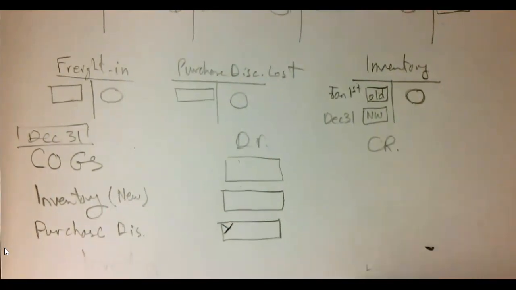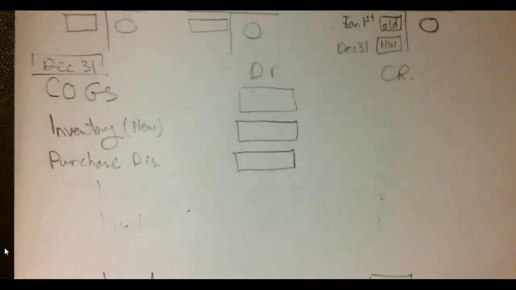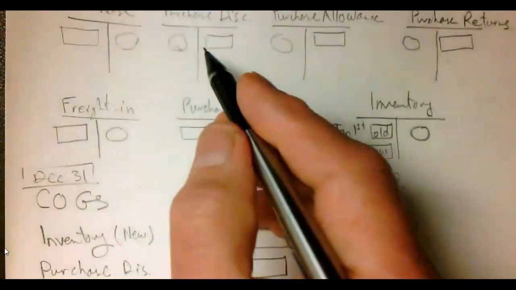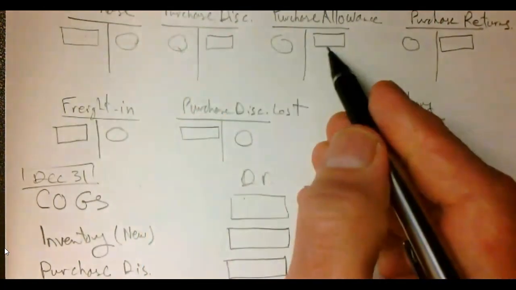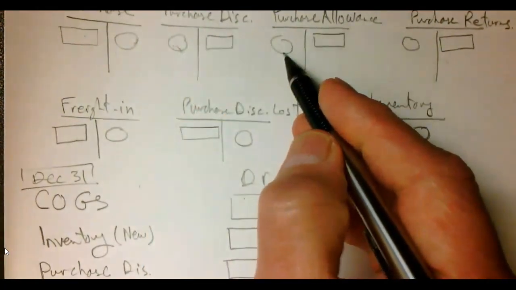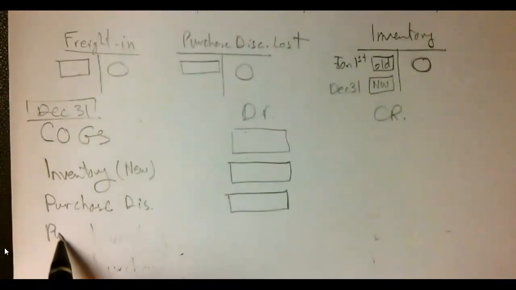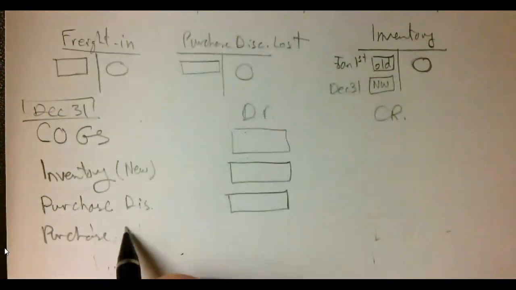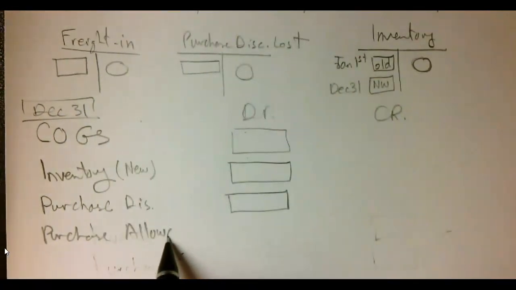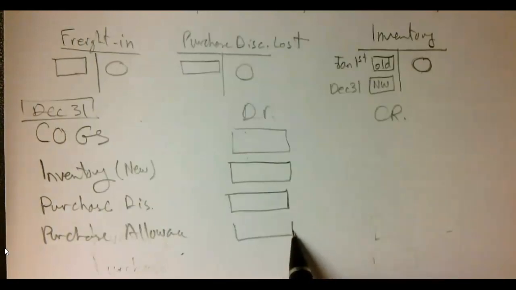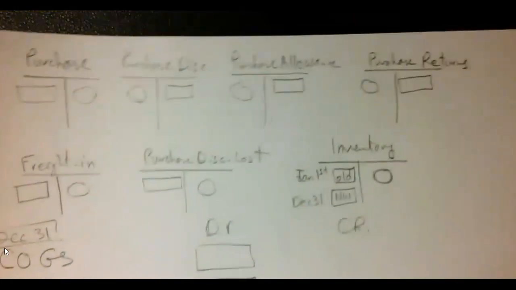Debit first, credit last. So here we go. Purchase discount needs to be debited. Purchase allowance needs to be debited to be closed.